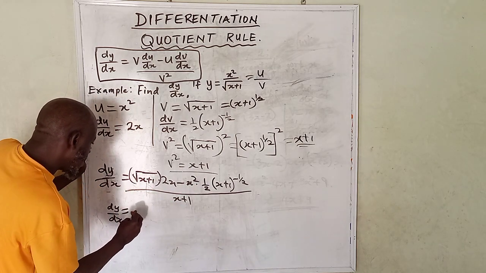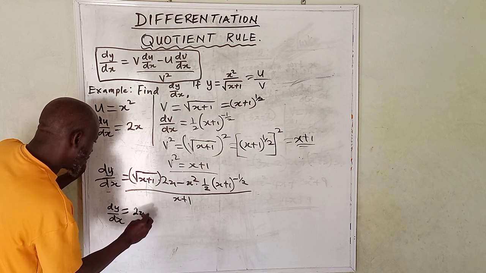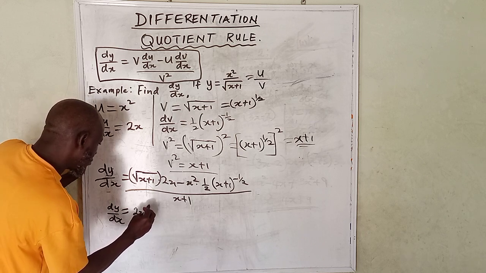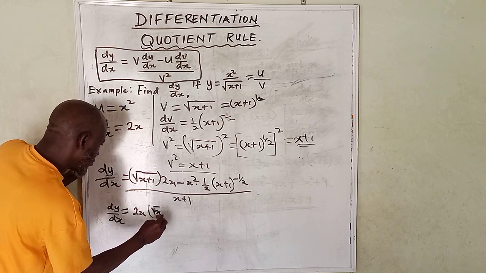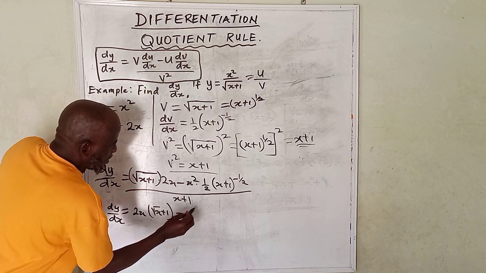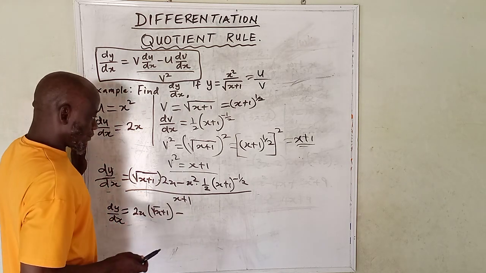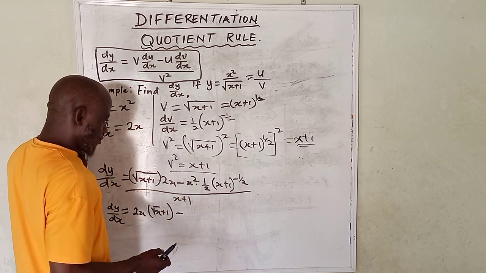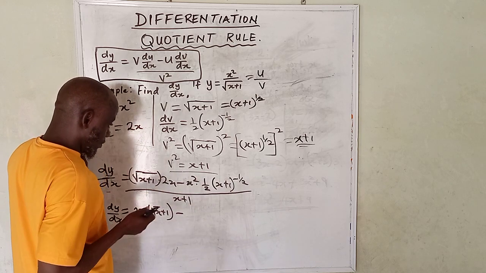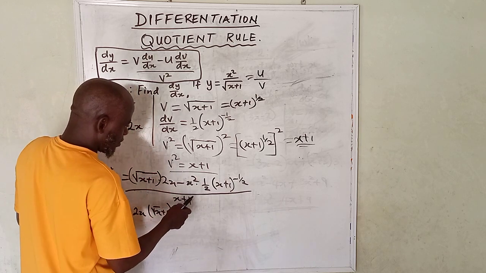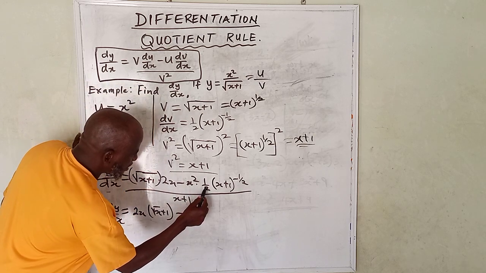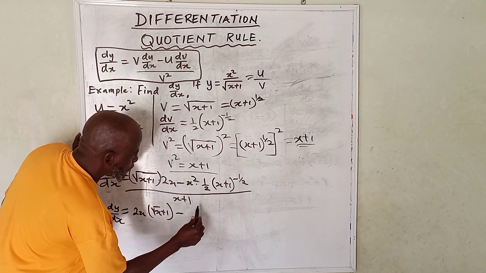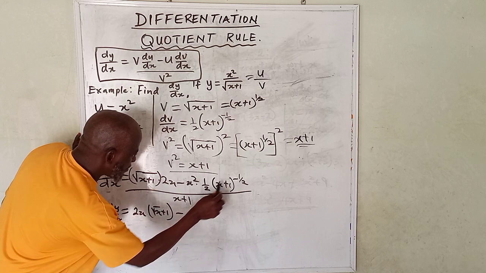So now this will still be the same. Then this will be this. When this multiplies this, it can be rewritten.